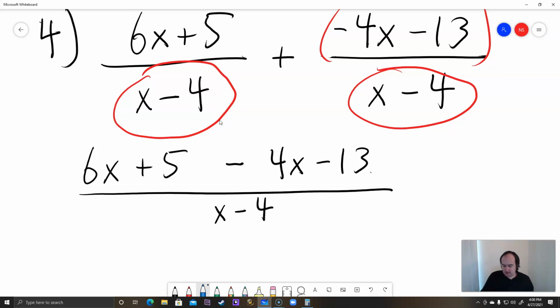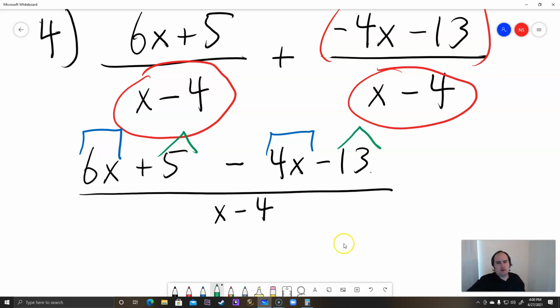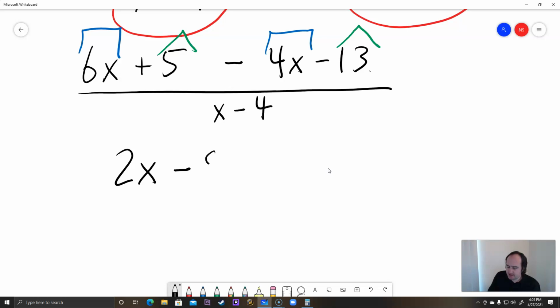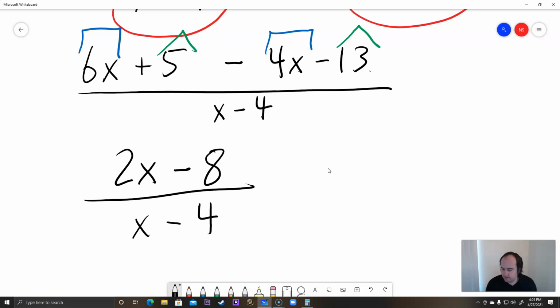So the like terms here are 6x and negative 4x on the top, and then 5 and negative 13 on the top. Okay, so combining those, we have 6x minus 4x is 2x, and then 5 minus 13 is negative 8. So we have 2x minus 8 all over x minus 4.